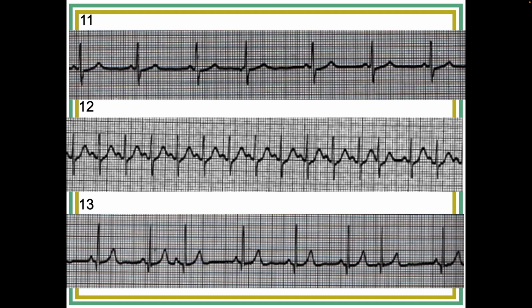But then couple that with the fact that it originates from some place other than the SA node because it's got an inverted P wave, it's a premature beat. Okay? Does that make sense to everybody? Anybody want to argue? It's not argue, but anybody want to? Everybody's solidly sure that that's a premature beat. Put it that way. Okay.